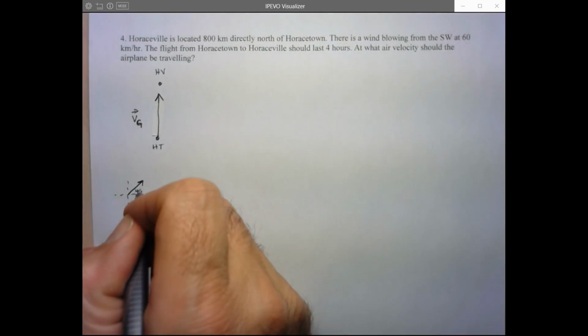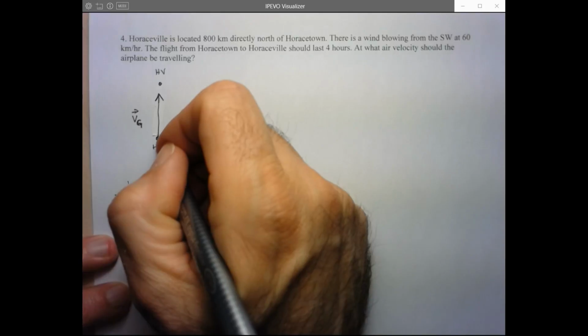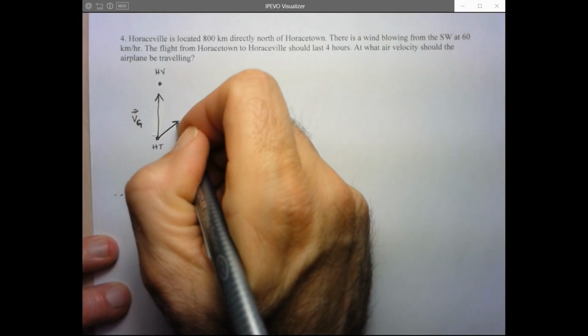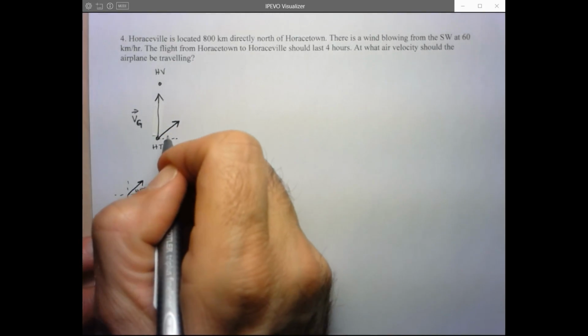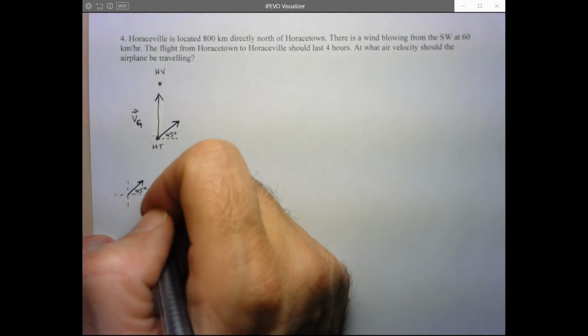So this is going to be a 45-degree angle. When you just see northeast, it's assumed that the angle is 45 degrees. So we have this wind that's traveling at a velocity at an angle of 45 degrees.